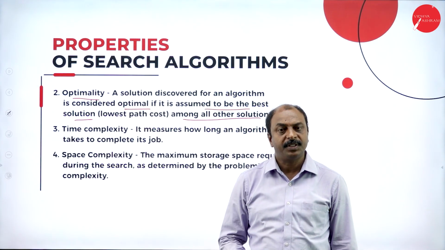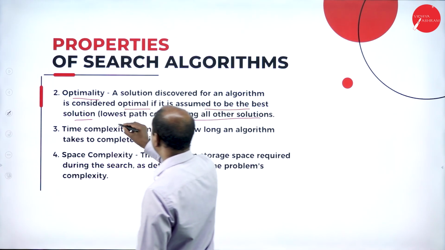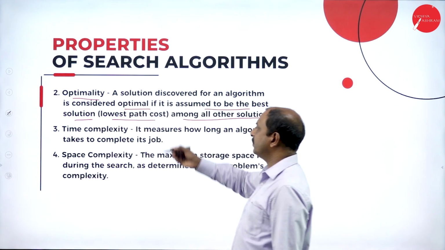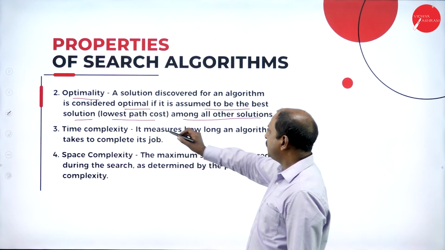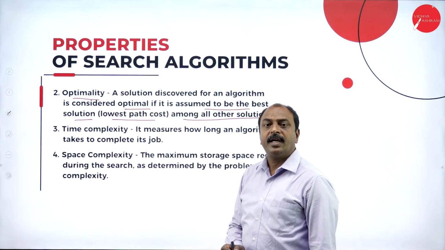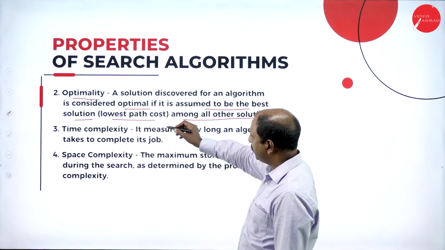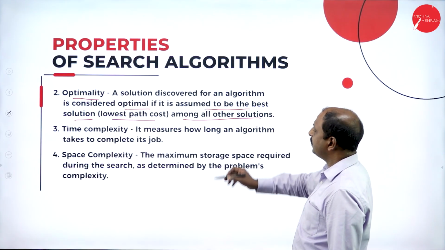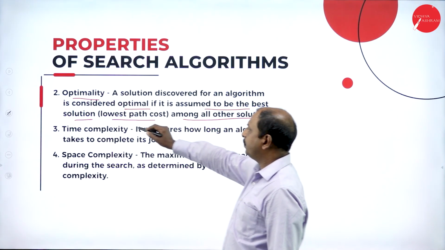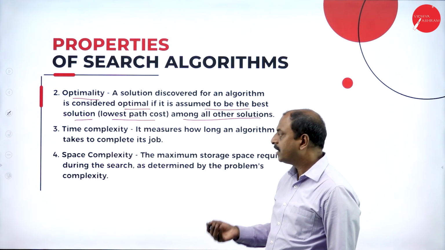How can we say which is the best solution? Based on the lowest path cost, which we saw on the previous slide. Each and every path will be provided a numerical value, and based on that we decide the best solution, and whether it is optimal or not.